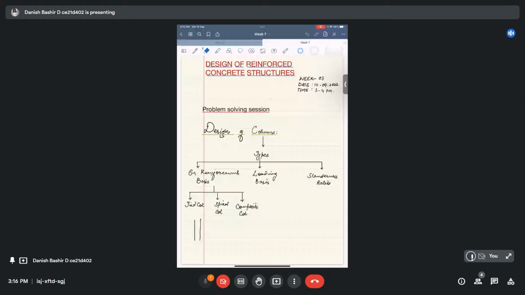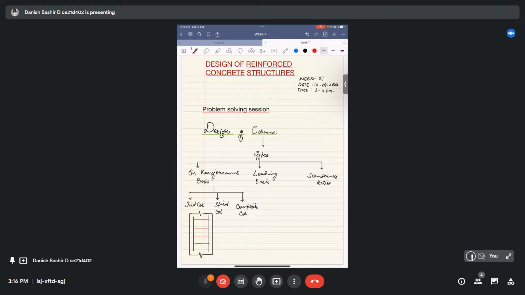Like this, the main reinforcement in a column, with concrete from the side, continuous like this. In this, the main reinforcement is tied with transverse reinforcement, which are known as stirrups. These types of columns are known as tied columns.